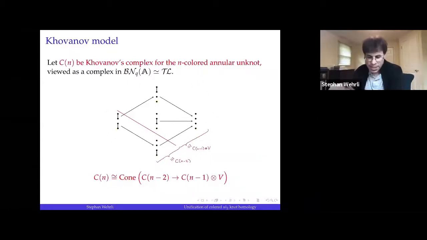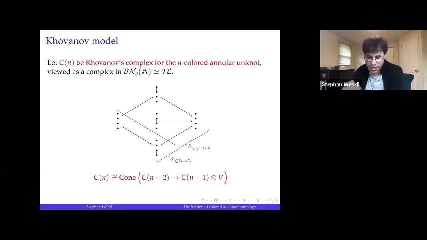And now you see that there are two types of vertices. There are vertices where the lowest dot is in a pair, like in these two vertices. And then there are the vertices where the lowest dot is not in a pair. If the lowest dot is in a pair, then you can just ignore this pair. And then what remains generates a complex that's isomorphic to Cn minus 2.